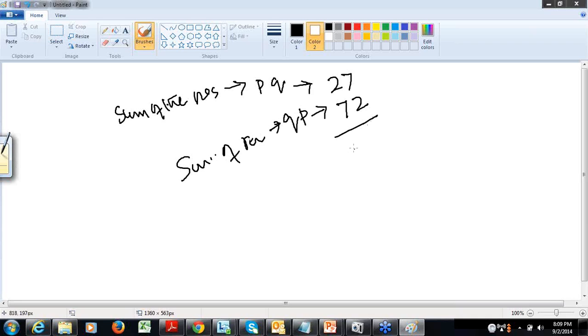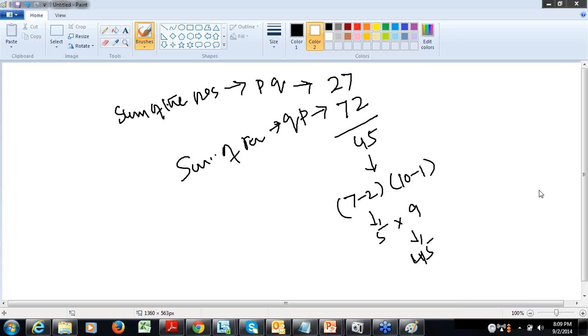Now the difference of 27 and 72 will be 45. Yes, PQ is the sum of the numbers and QP will be the sum of the reversals. PQ, this will be of the form 7 minus 2 into 10 minus 1. So it will be 5 into 9, 45. Got it, everybody?